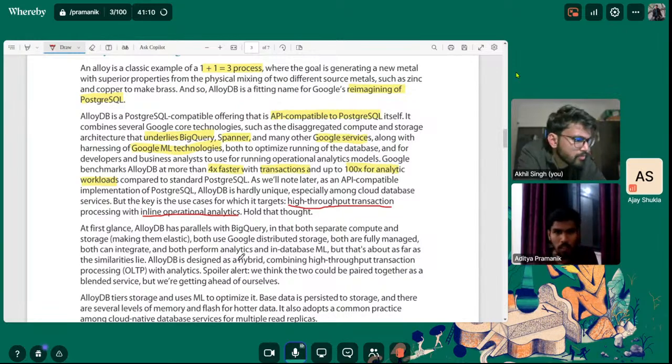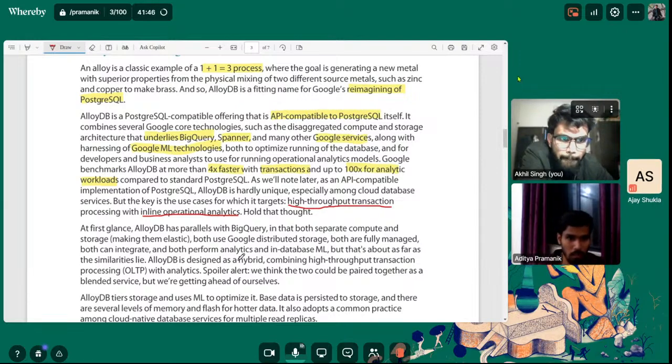We can query a high volume of data for analytical purposes, and by the meaning of inline, I think the queries can be run instead of an async process where we have to wait for the processing of the analytical query. Instead, we can query simply like how we used to fire it over a normal database table. So maybe that, I'm just trying to grasp this on a high level.